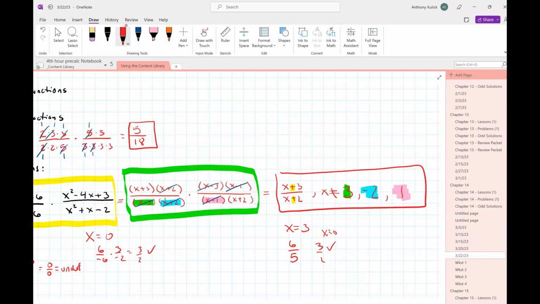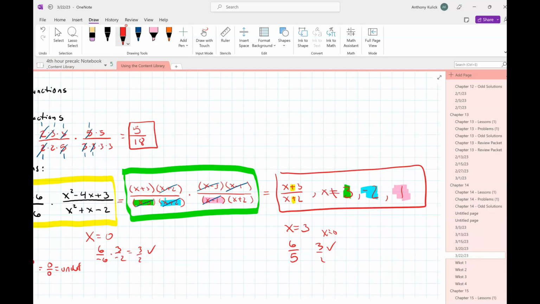What does that remind you of from 14.1? It's just like the removable discontinuities, right? This is exactly the same way we find the removable discontinuities. Whatever you reduced completely from the denominator, you set equal to 0 and solve, gives you the removable discontinuities. We're doing the exact same thing here.